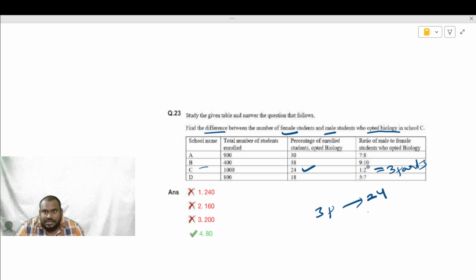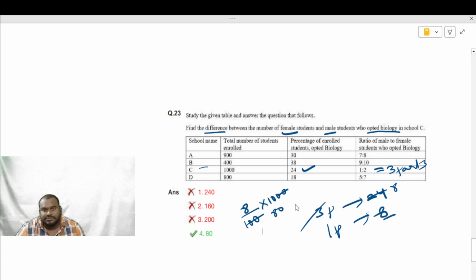Then what is the difference? One is male and the other is female. We need the difference, right? So it is one part. If three parts is 24, one part is 8. But that is 8% out of 1000. It's nothing but 80.